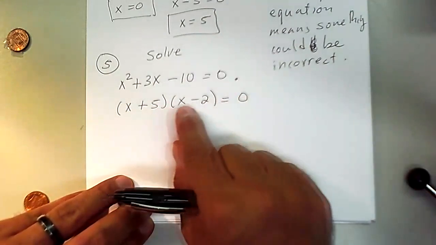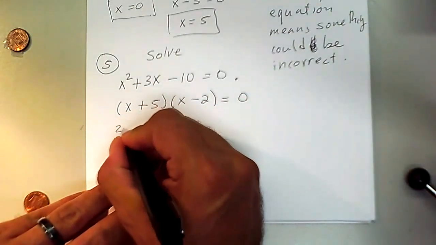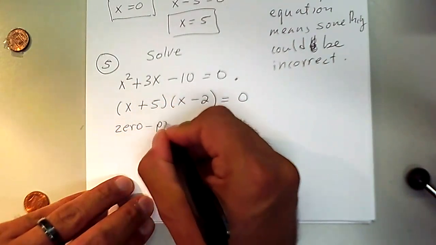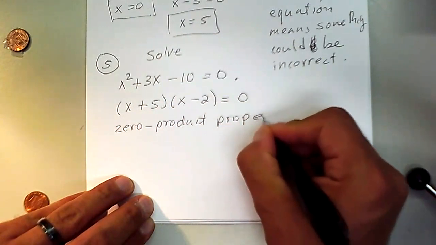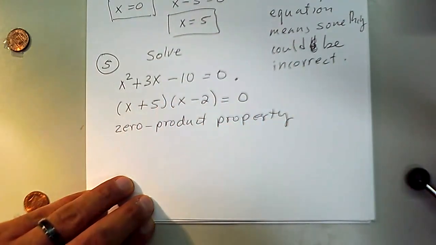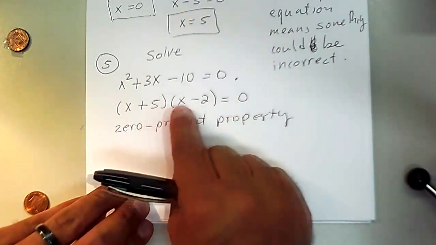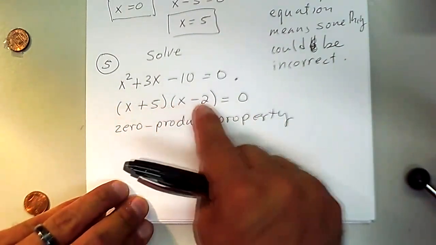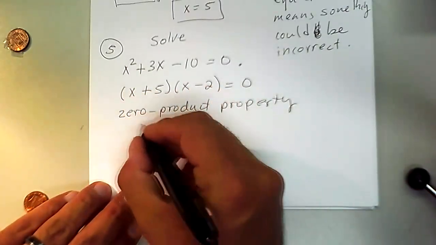This product is equal to 0, so we may use the 0 product property. And so we split the equation into two equations. We split it into as many equations as we have factors.